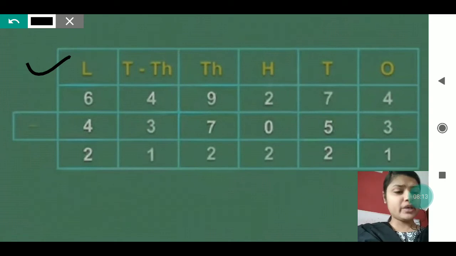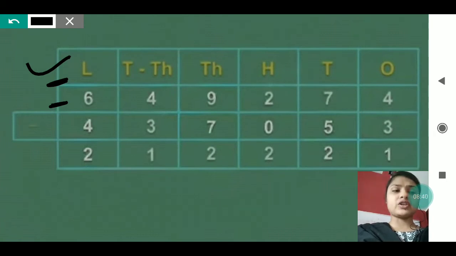Because here no borrowing is there, so I have not left the line. But if borrowing will be there, after mentioning the place value, we will leave the second line and then arrange the numbers. Place values we have already written; both are 6-digit numbers, so from the ones place till the lakh place I have already written.